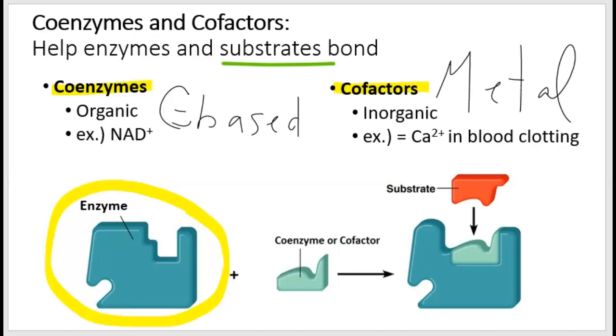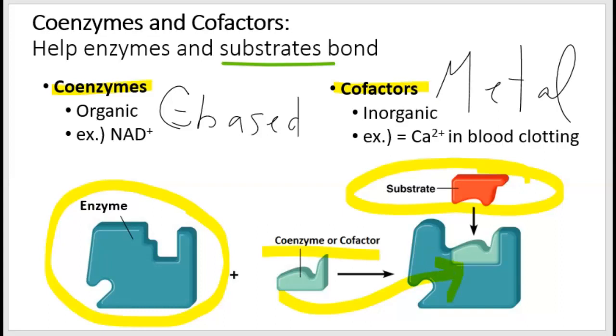So, this is our substrate, this red thing. It's a reactant that's going to bind to this enzyme. It can only bind, though, if this coenzyme or cofactor first binds to the enzyme. It makes the substrate binding site better so that the enzyme functions better.